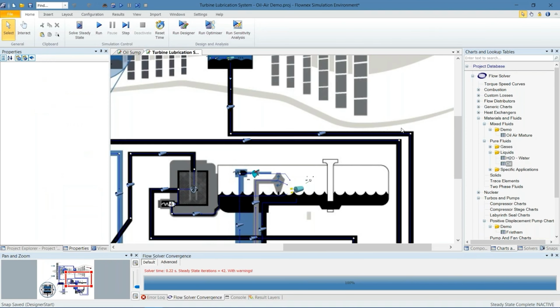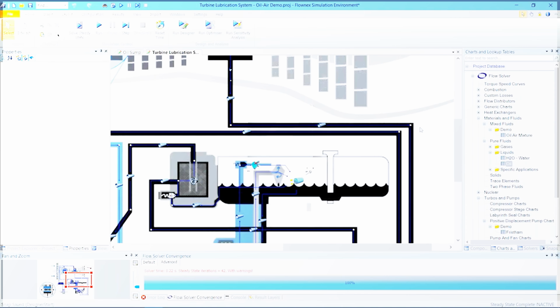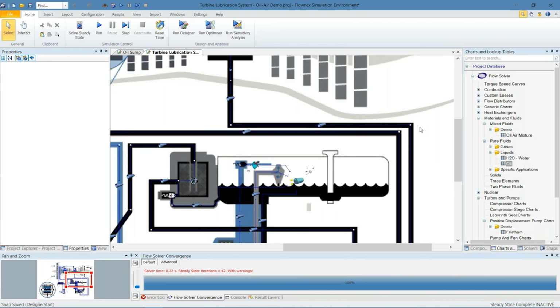As the flow travels down the scavenge lines, we have the air phase expanding, and as a result, our air velocity will go up and our liquid velocity will go up as well. And as a result of that, we can have regime changes in the lengths of these pipe components.